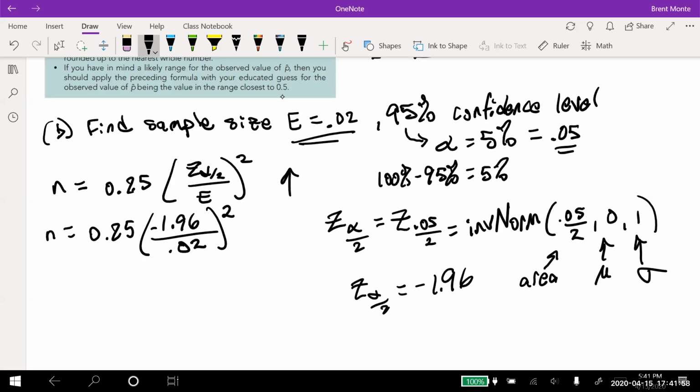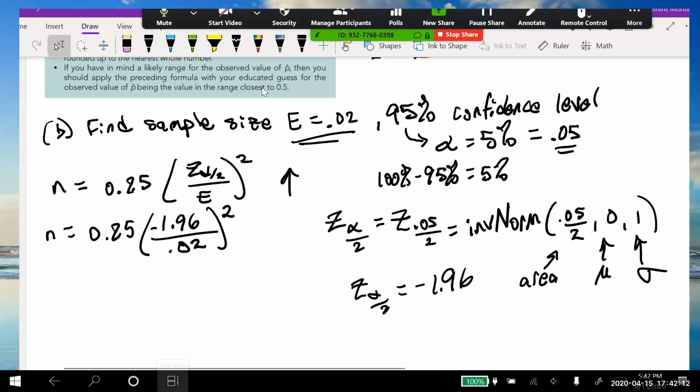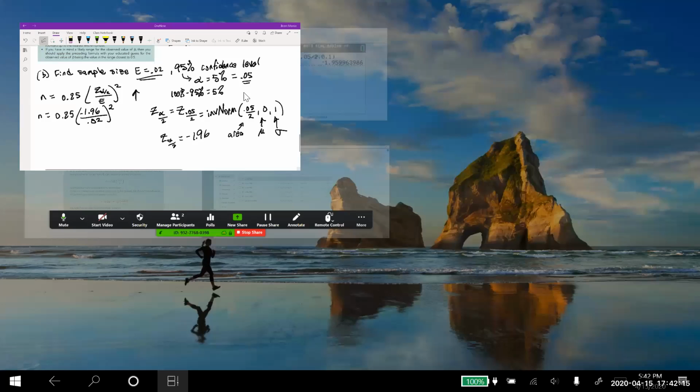Yeah, we might as well do that on the calculator since we've been, and we'll do it on the calculator. So back to the calculator we go. Okay.